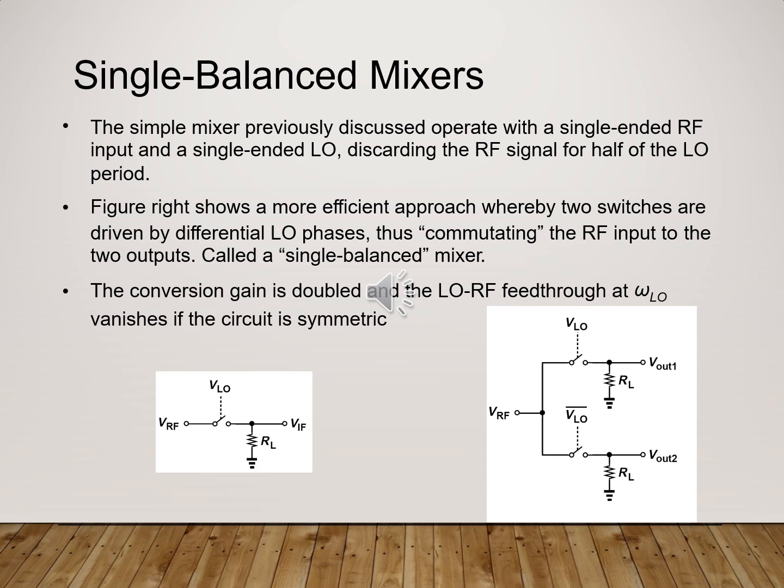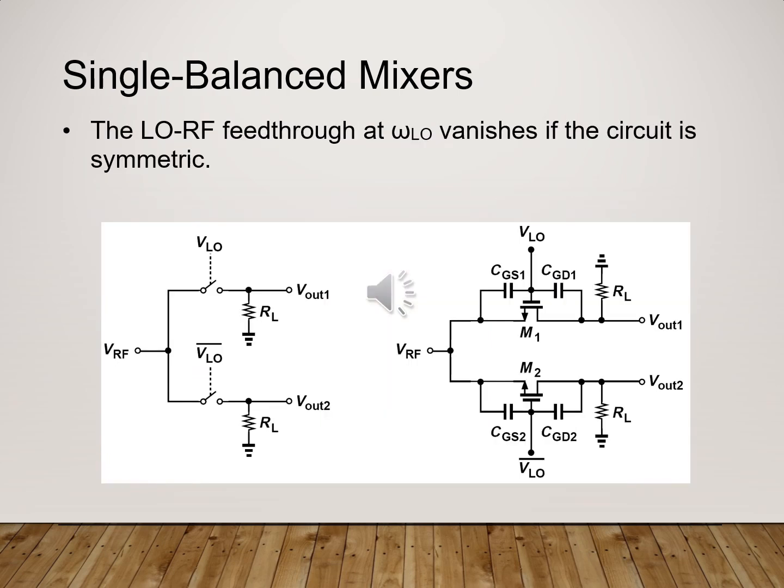The right figure shows a more efficient approach whereby two switches are driven by differential local phases, thus commutating the RF input to the two outputs, called a single balanced mixer. The conversion gain is doubled and the local to RF feed-through at the local frequency vanishes if the circuit is symmetric. As shown in this slide, the local oscillator to RF feed-through at the local oscillator frequency vanishes if the circuit is 100% symmetric.